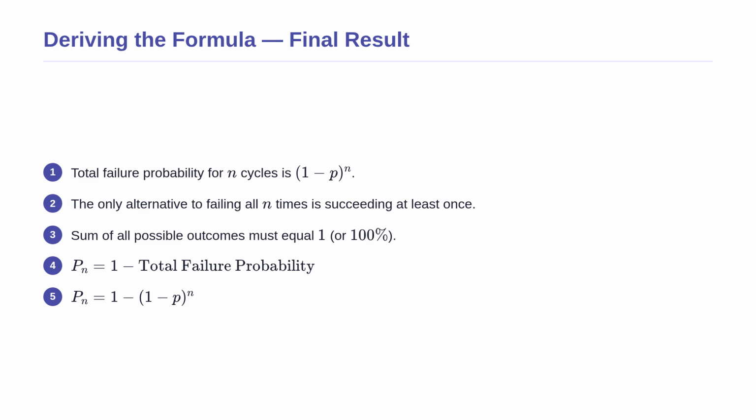The only alternative to failing every single time is succeeding at least once. Therefore, to find the probability of at least one success, which we call P sub n, we simply take the total probability of 1 and subtract the probability of total failure. This leaves us with our final formula. P sub n equals 1 minus the quantity (1 minus p) to the power of n.